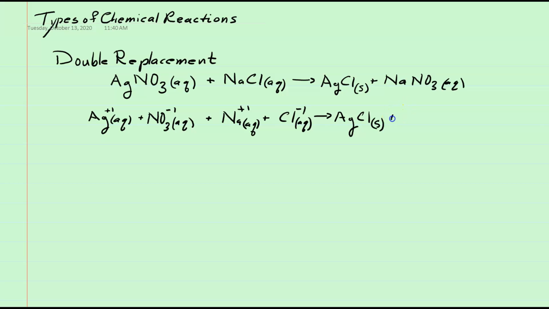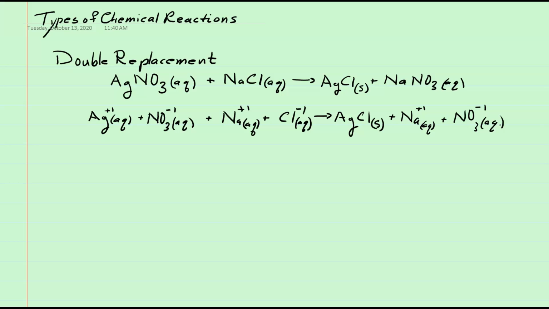On the other hand, the sodium nitrate is very soluble in water, so we actually end up with sodium ions in solution plus nitrate ions in solution, and these are, of course, available to move around, whereas the silver chloride is actually a solid and tends to form a cloudy suspension at first, which eventually coalesces into solid particles of silver chloride, which tend to fall to the bottom. Okay, now this reaction is an example of a double replacement reaction.